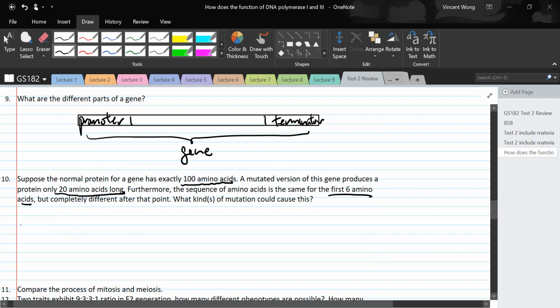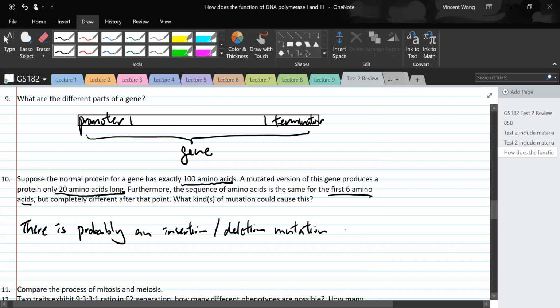right? Which means there is likely, it's probably an insertion or deletion, we don't know, mutation, right, of nucleotides, right? Not a multiple of 3 though. Okay.